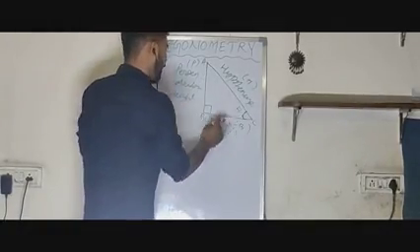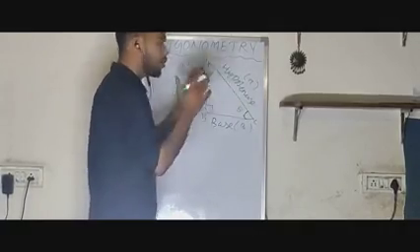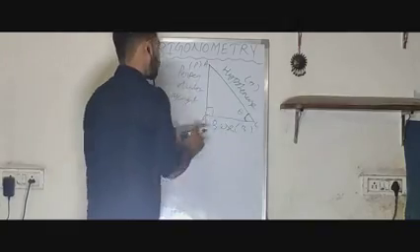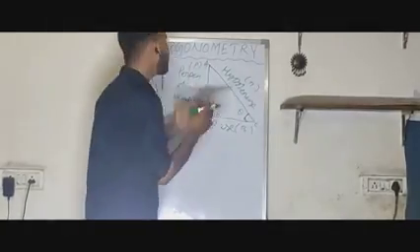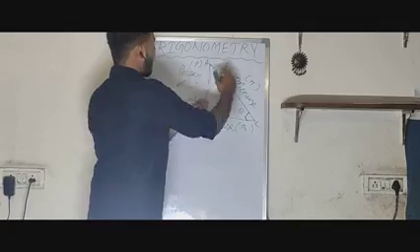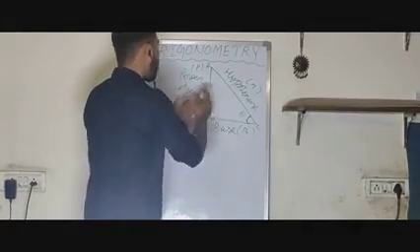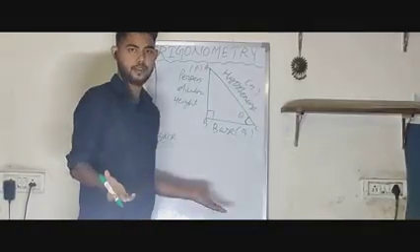The side which is opposite to theta, that is AB, is called perpendicular or height, this is P. And the longest side, which is opposite to this 90-degree angle B, is called the hypotenuse.